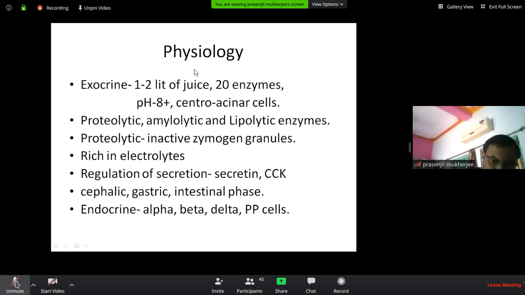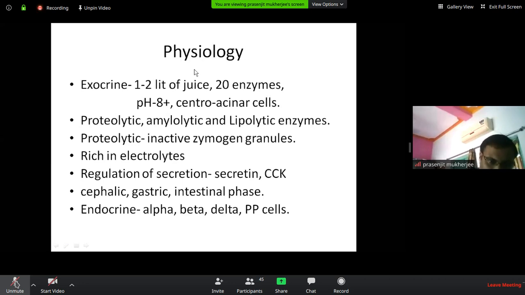Now, regulation of secretion. This is important. As we all know, the smell of food and the actual intake of food increase pancreatic juice secretion. So pancreatic juice is secreted in phases. The cephalic phase is where, when you smell food, there will be secretion of pancreatic juice.